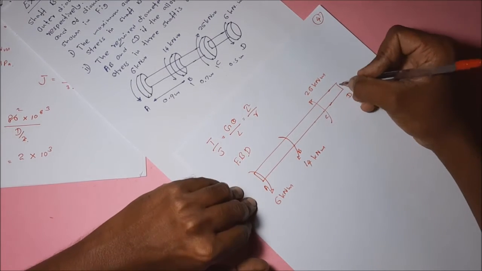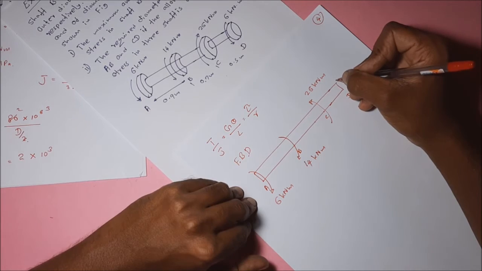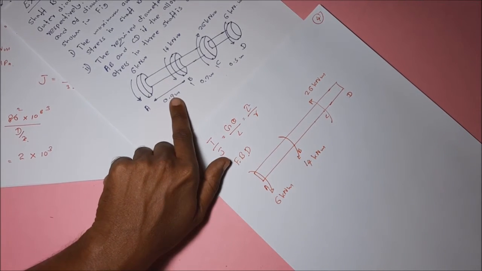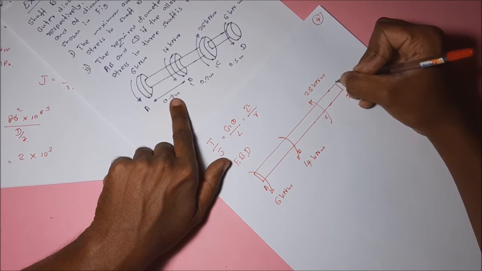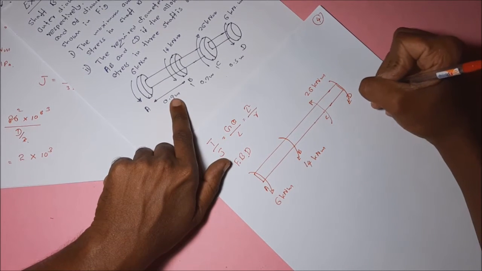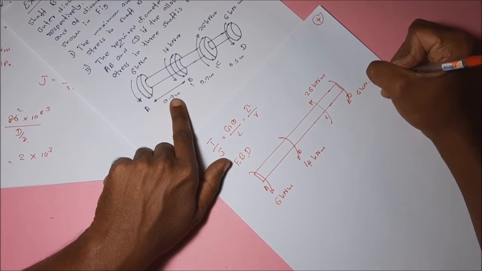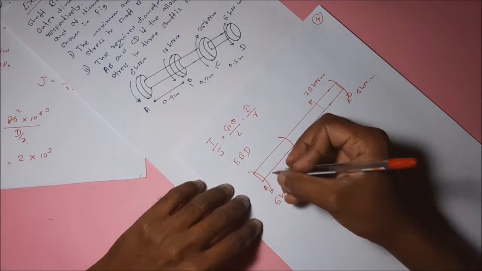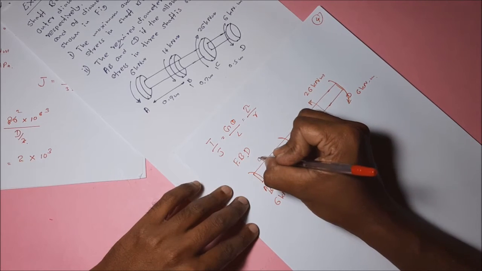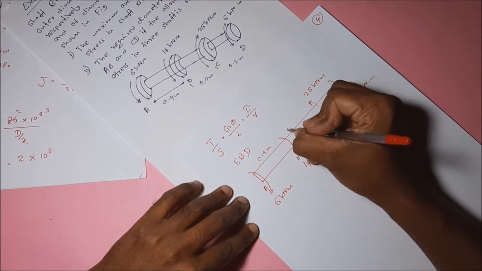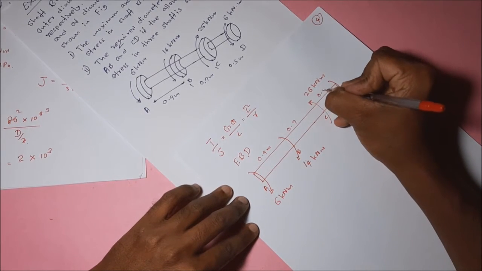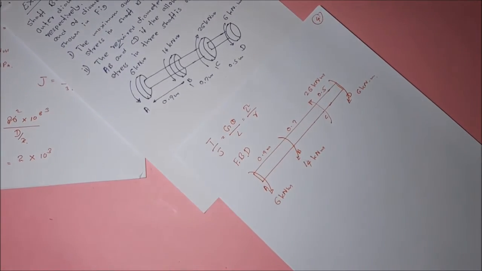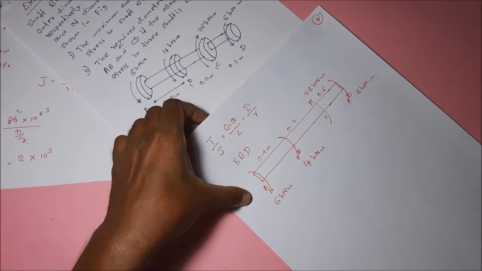At this end, 26 again in this direction, 6 kilonewton meter torque. This is the free body diagram. We have to indicate the dimensions also: 0.9, 0.7, 0.5. This is the complete free body diagram for this application. Now we can proceed.